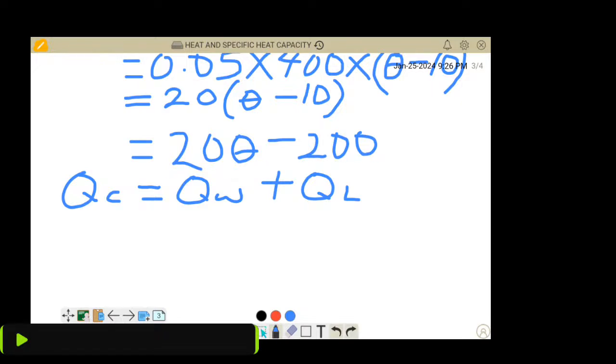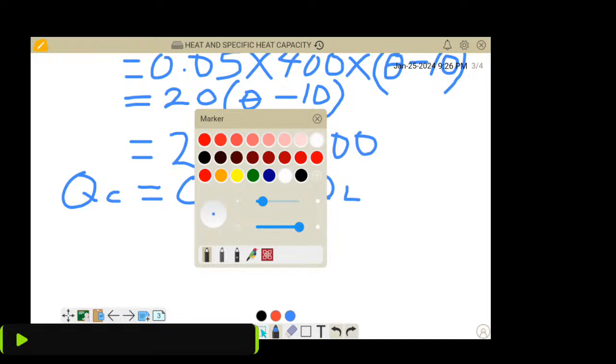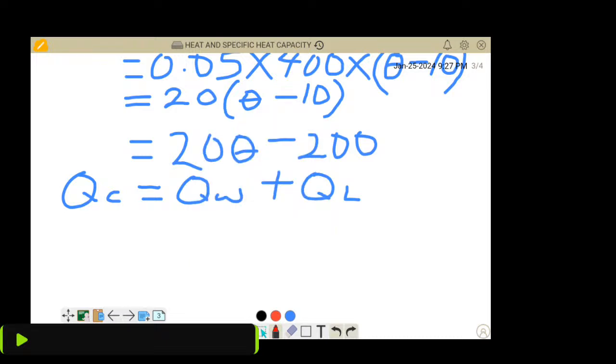Let's bring them together. Sorry for that, I want to use another color for that. Okay, we are going to have heat lost by metal, that is copper metal, and we are able to generate that as 4,000 minus 40 theta.